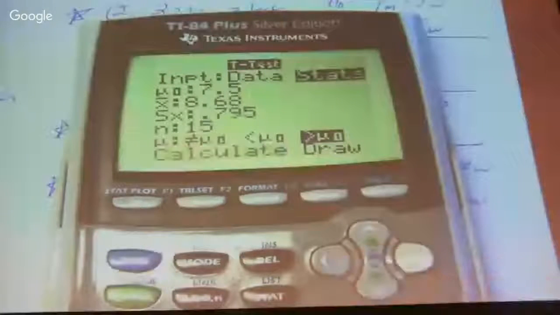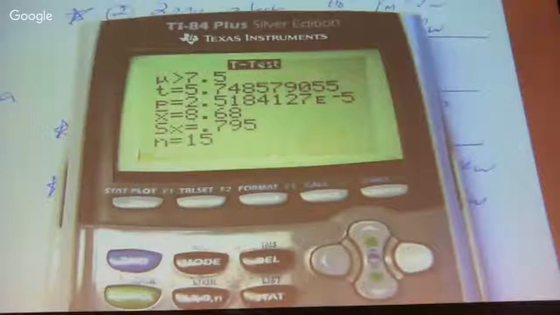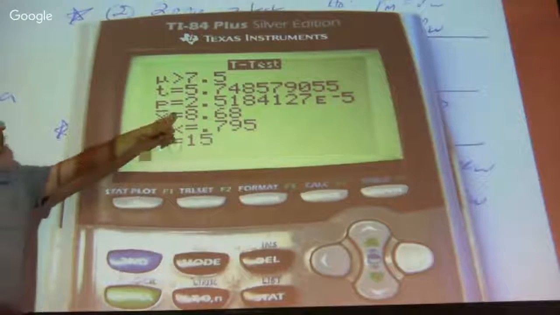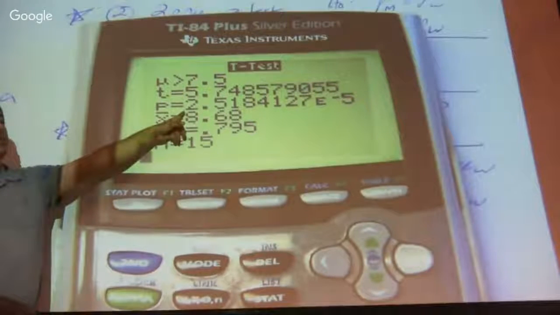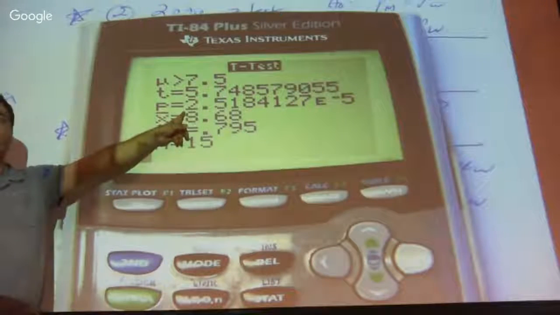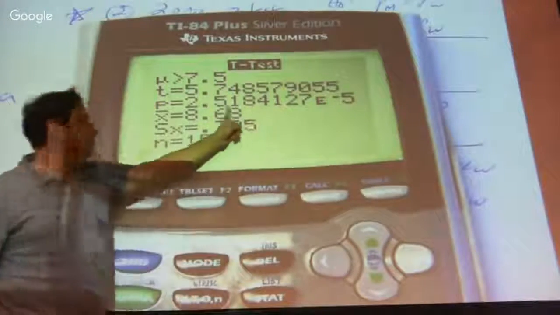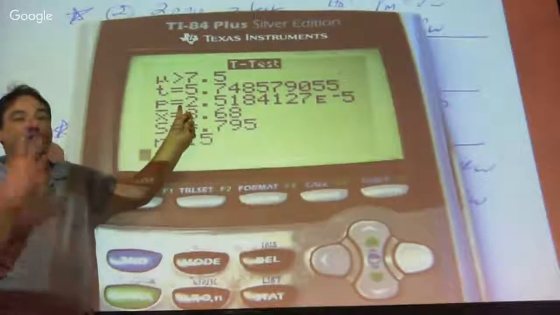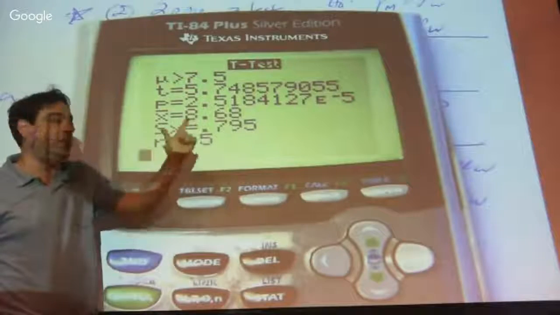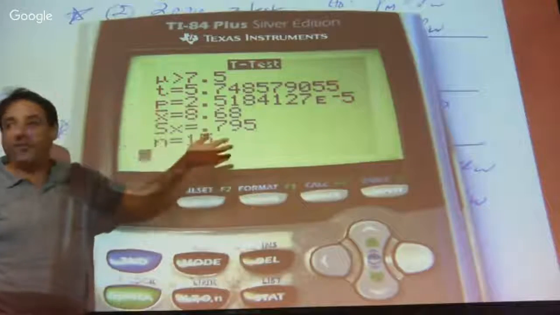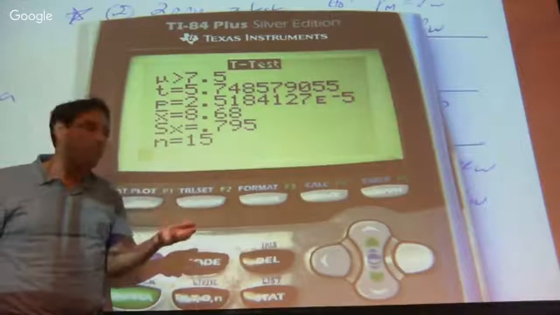Calculate. So if you want the exact p-value, choose calculate. Be careful. What's the p-value? It's not 2.52. What's E negative 5 mean? How many zeros? 4 zeros. 0.00025. Bottom line, super small.